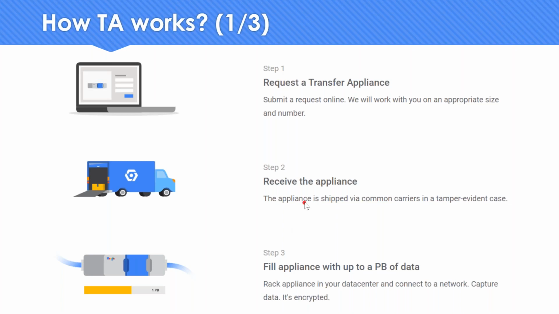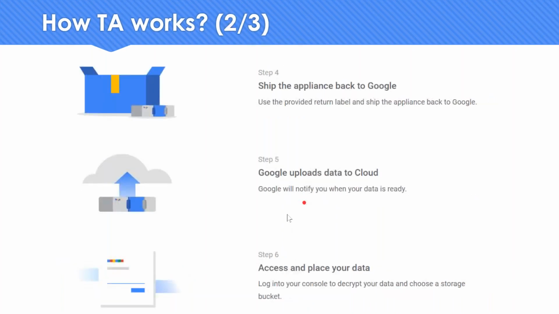Once it is done, what you should do as a customer is ship the appliance back to Google Cloud. So there is going to be some naming conventions. You just follow that, you ship it back. Once it reaches, Google is going to notify you, yes, it has reached, and they will also connect it to your specific project.